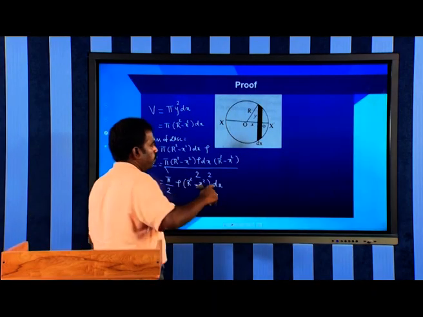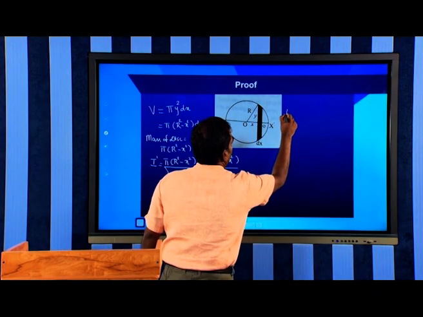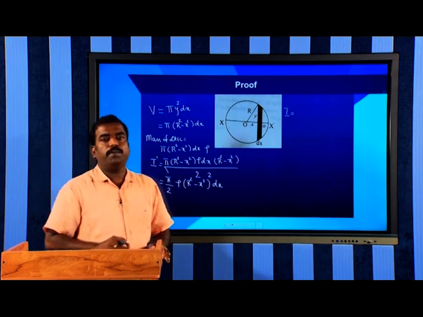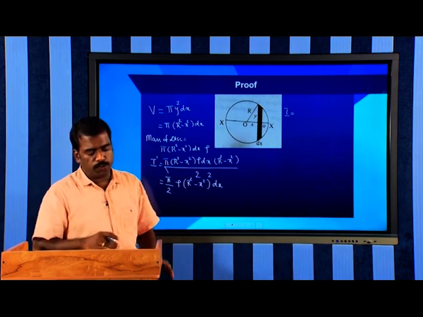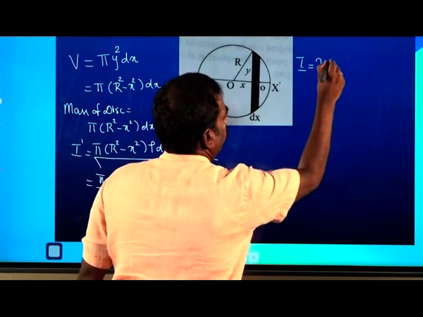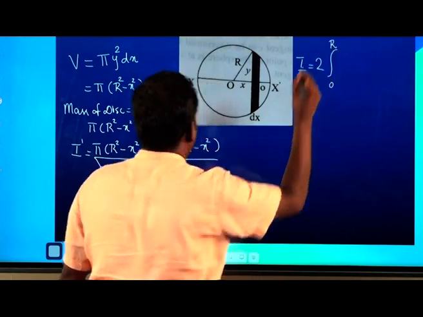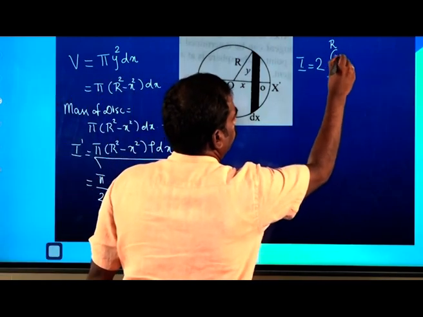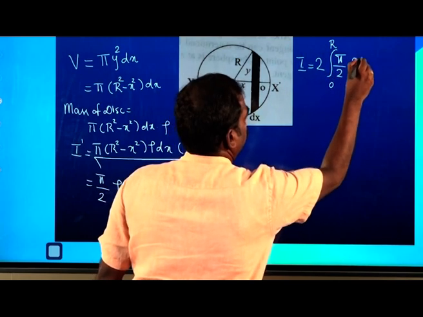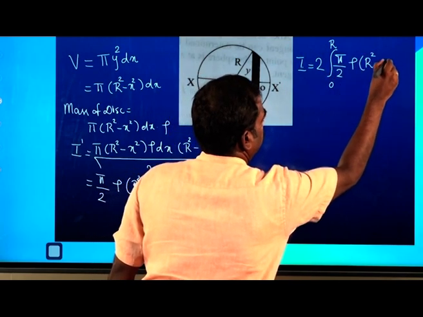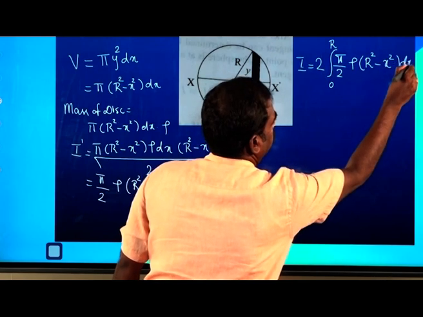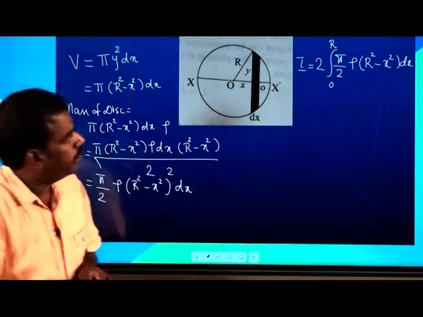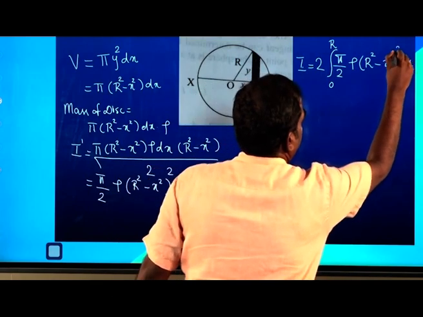So it is given by I equal to, which is nothing but the moment of inertia of the sphere about x or x dash, I equal to 2 into integral 0 to r, pi by 2 into rho into r square minus x square the whole square dx.